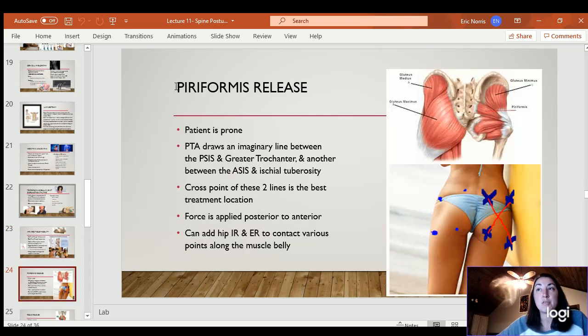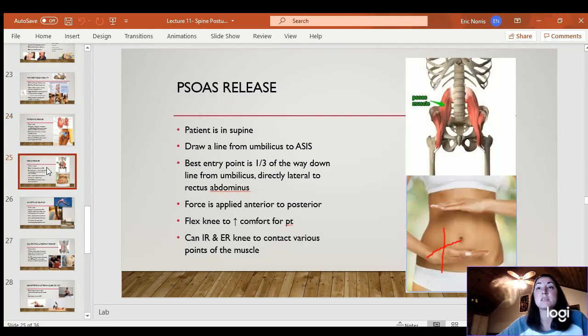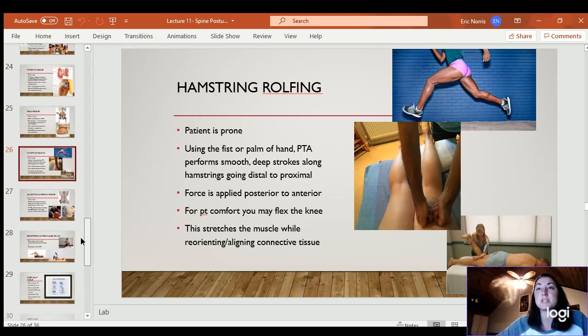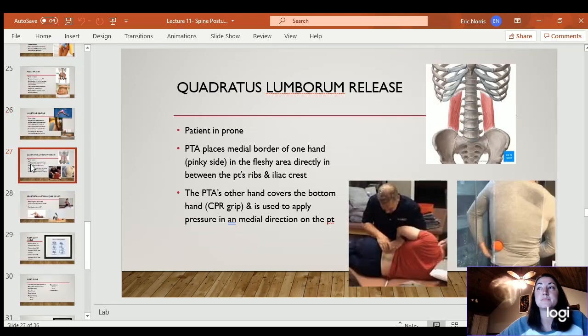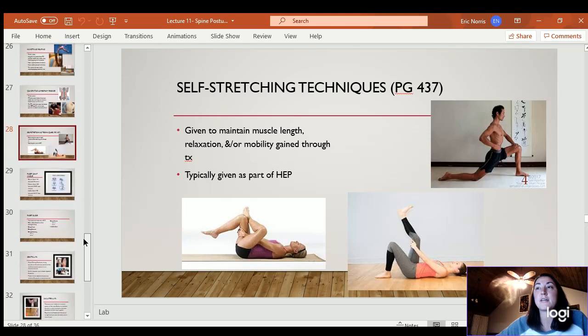We will go over the piriformis release, the psoas release, hamstring rolfing, trying to loosen up a tight hamstring, quadratus lumborum release. We will also do this as a self-mobilization here for that. And then self-stretching techniques. So all of those we will go over together in lab.